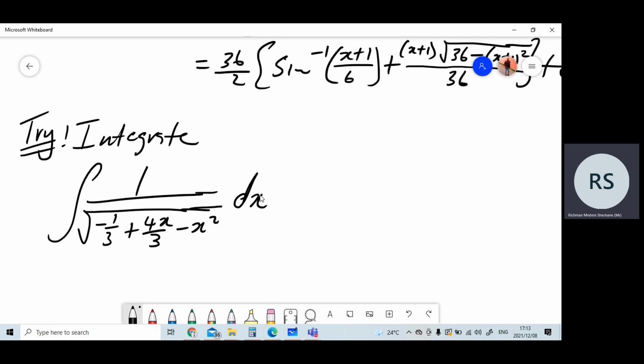Take this example, this exercise. I first gave you this as an exercise, and then I did it in class as a solution. I gave you a solution to this, but please try it.